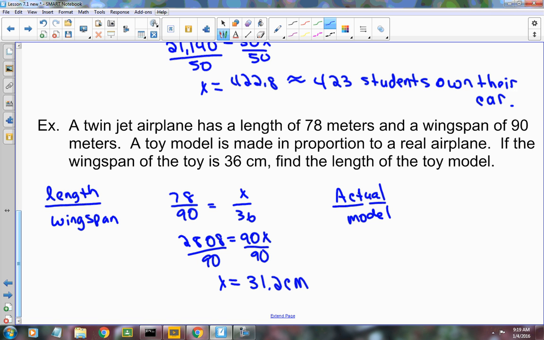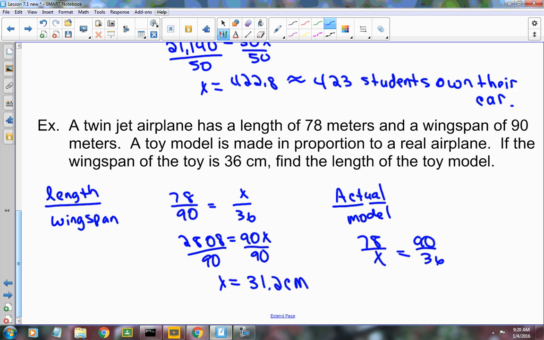And one side would have represented the length, and the other side would have represented the wingspan. So if I looked at the length, I would have done 78 to X. And if I looked at the wingspan, it would have been 90 to 36. It's still actual to model for the length and actual to model for the wingspan.